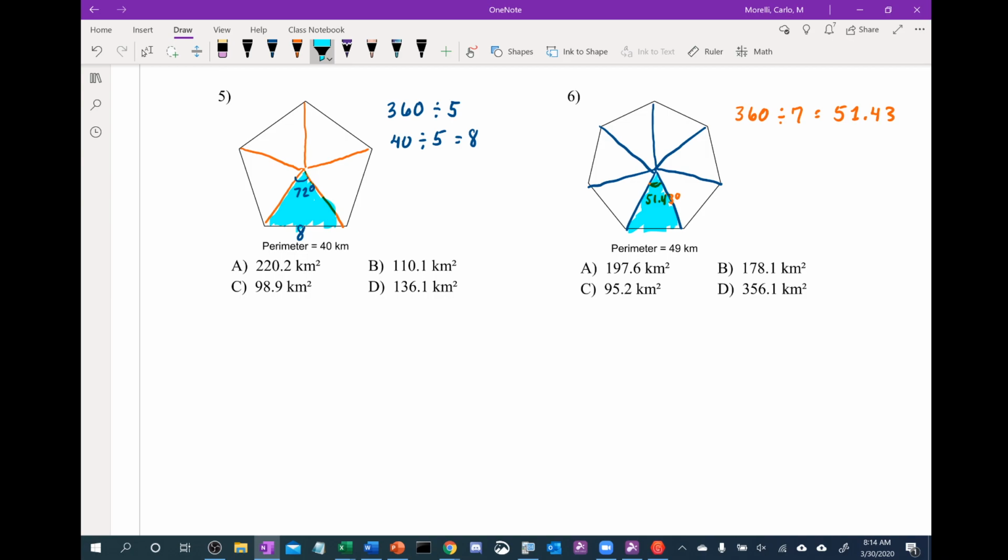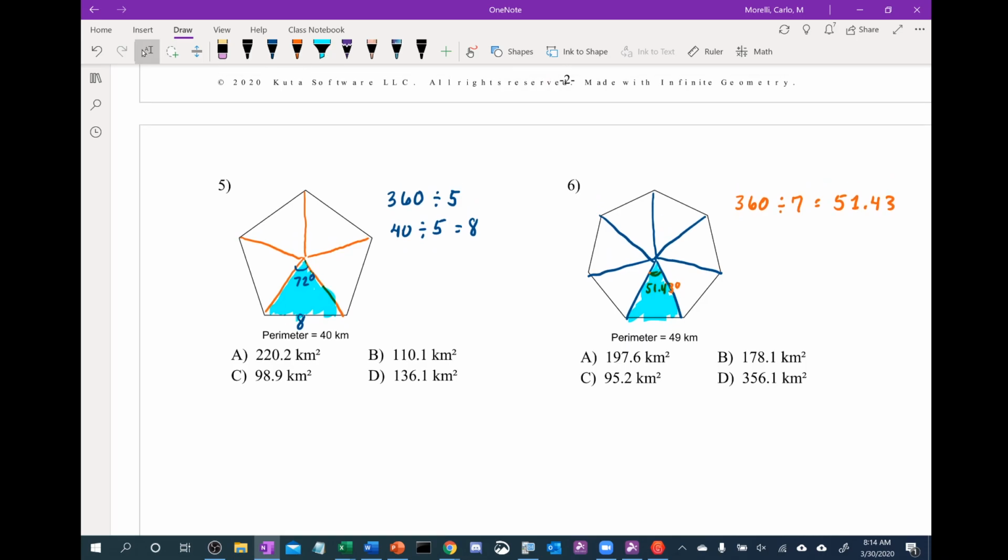So I realized just for the past few minutes there was no audio. And so I want to make sure to go over this last number here, number 6, just to make sure that you guys understood what I was doing. This is a heptagon. This is a 7-sided shape.